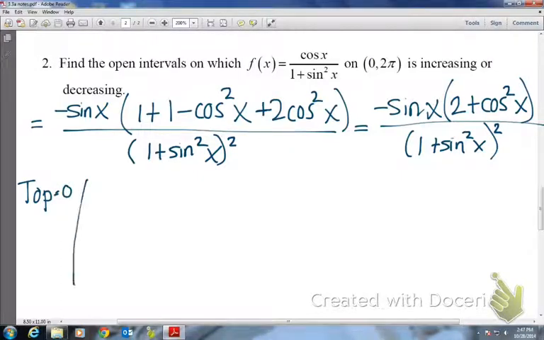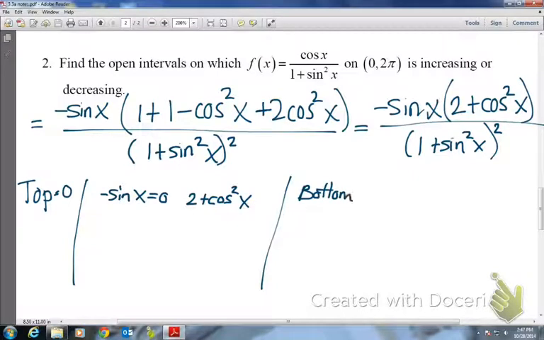There are two factors in the top. There's the negative sine of x, so we're going to find out where that equals 0. And there's also the 2 plus cosine squared of x. We're going to find out where that equals 0. We're also going to find out where the derivative is undefined, so where the bottom is equal to 0, and that is where 1 plus sine squared of x equals 0.